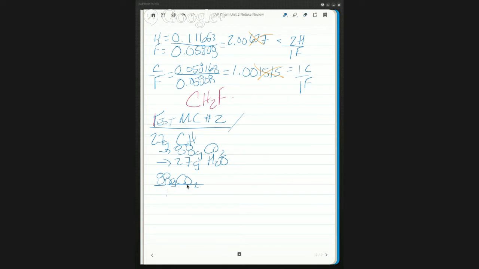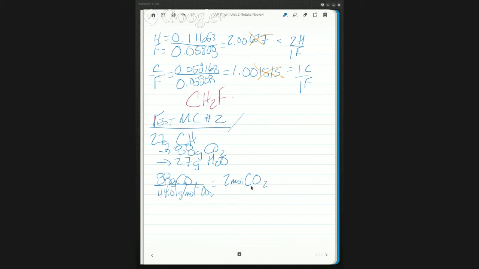If it's 44 grams of carbon dioxide, we want to know how many moles of carbon dioxide is that, okay? And we could say that 44.01 grams per mole of CO2 gives us, so 88 divided by 44 is 2, so 2 moles of CO2.